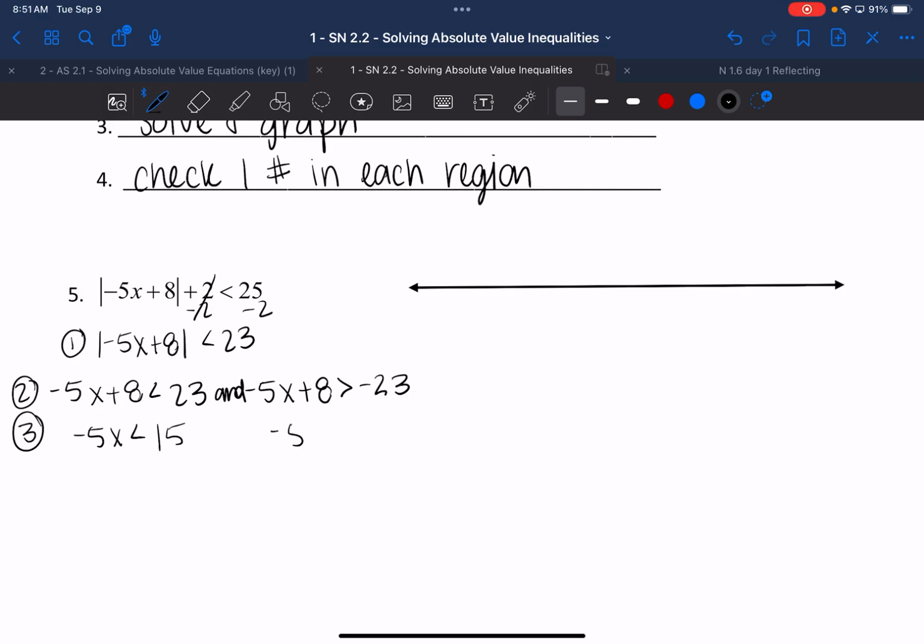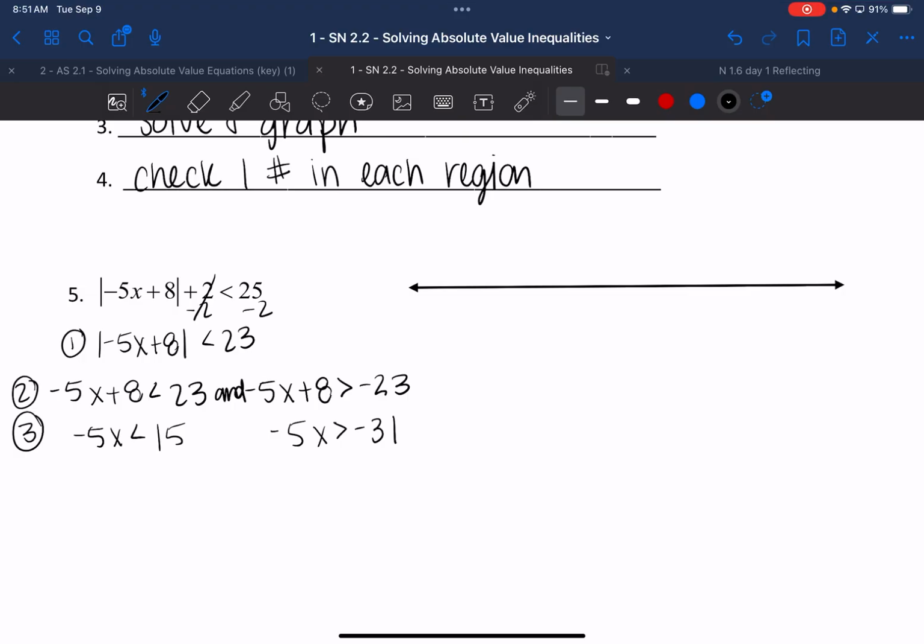And over here, negative 23 minus 8 would be, okay. All right, and then we just need to divide, right? Okay. So I'm dividing by a negative 5. What happens whenever I divide by a negative? We flip the inequality. Good.